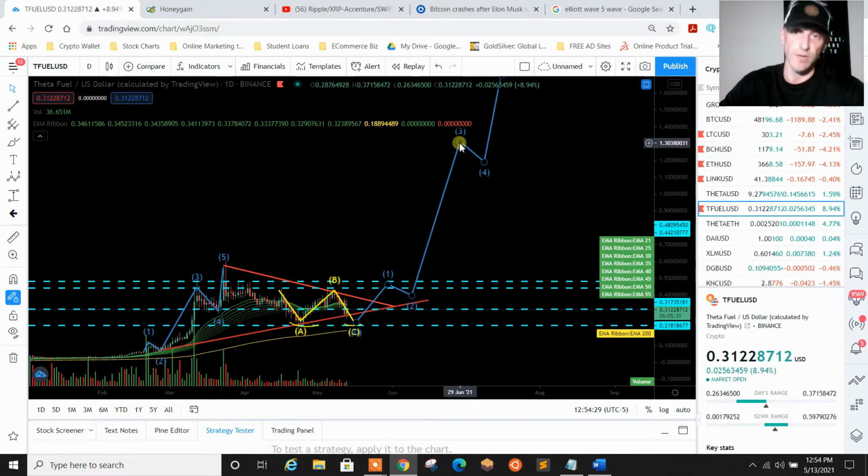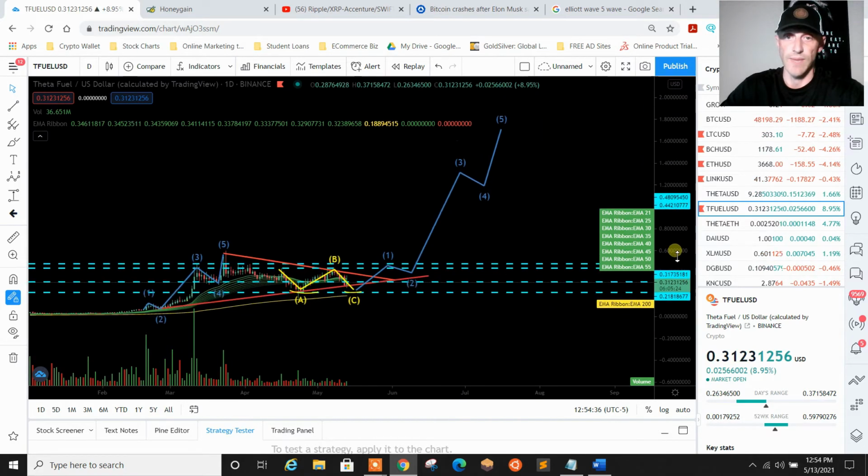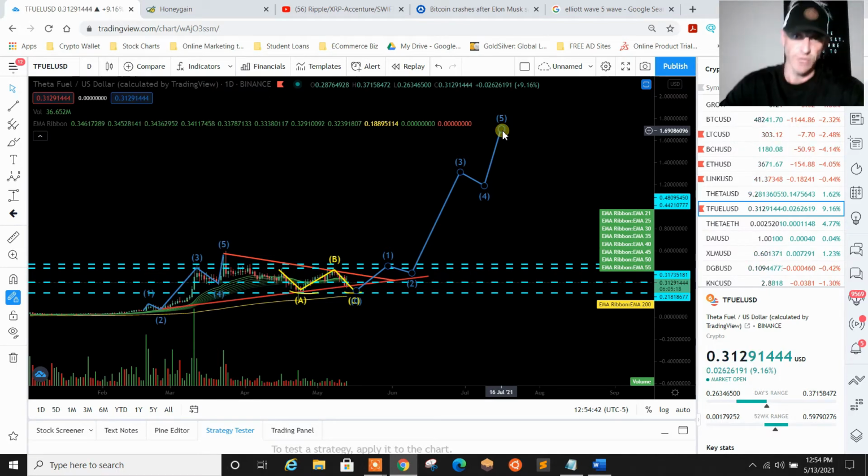That would give you a price somewhere around $1.30. Then we come down, and then we head back up even higher on impulse wave number 5. You'll just have to see where this plays out, but if we can make it up to like $1.70, that would be even better.